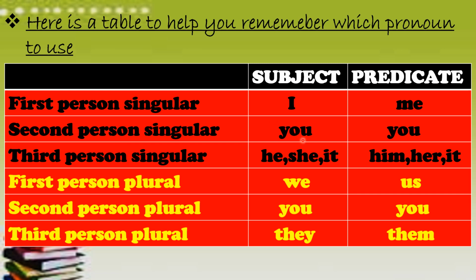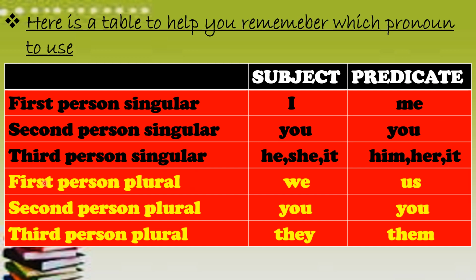When we are talking to a second person, we use you, and in the predicate also we use you. Then third person singular. If there are three persons and the third person is standing, we use he, she or it for animals and non-living things, while we use him, her and it for the predicate part.